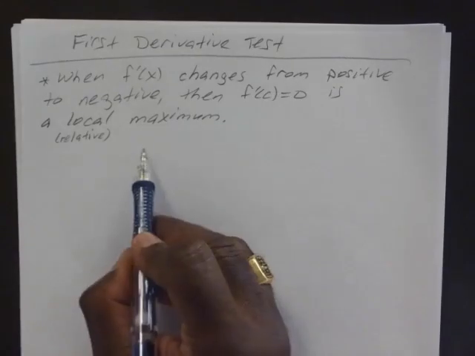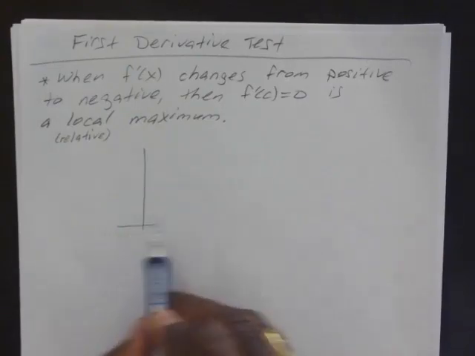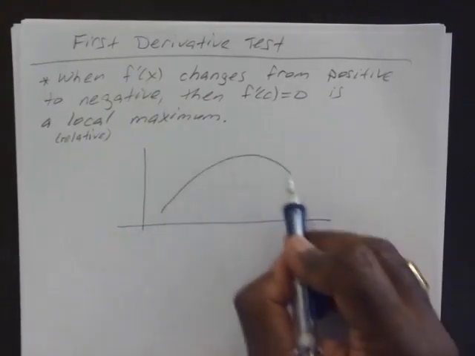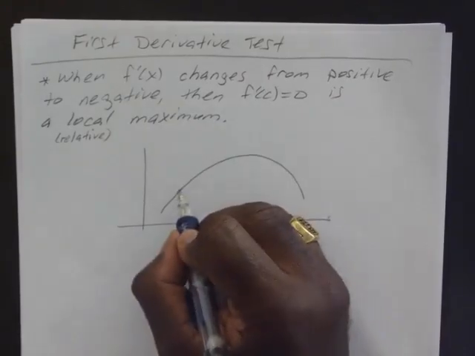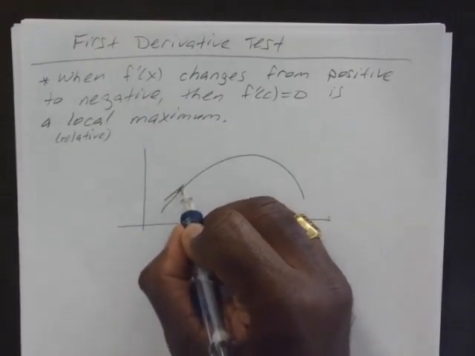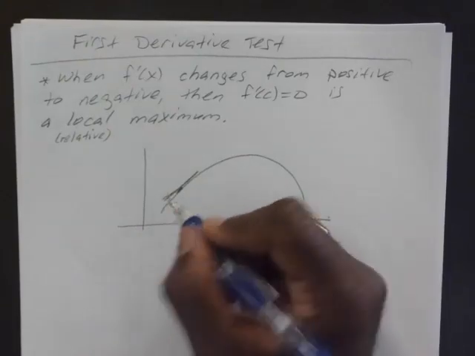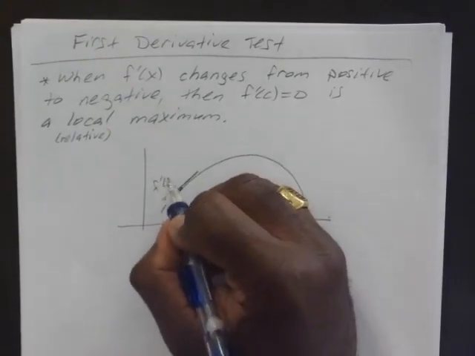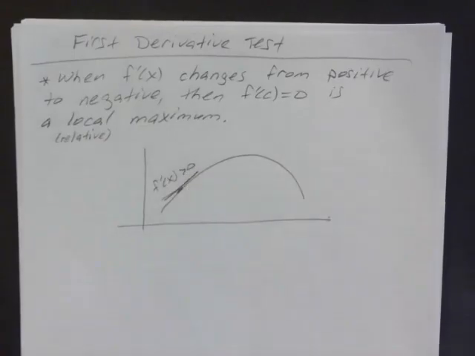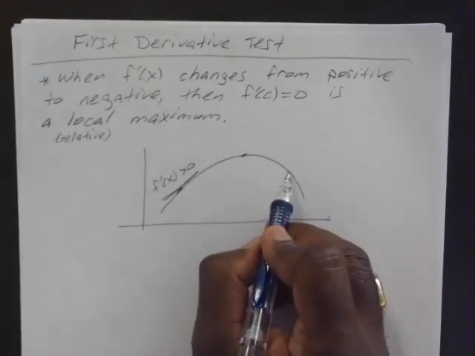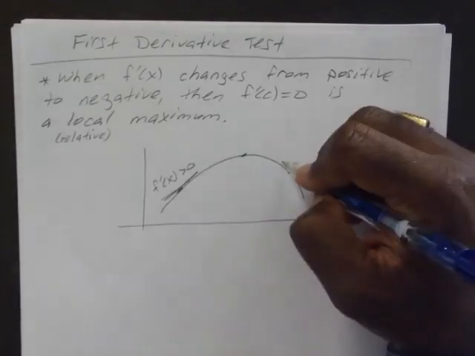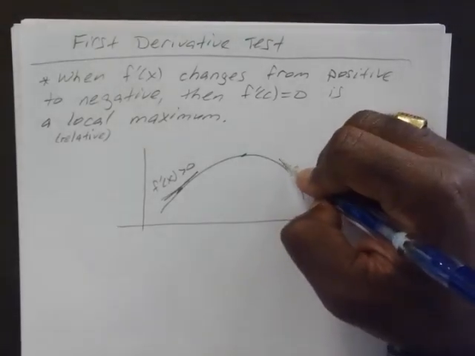Okay, so again, all that means is that you have some random graph. We know on this side, your f prime of x is greater than 0. It's positive. Then it eventually hits on this side, where we know the slope is negative, so your f prime of x is negative.